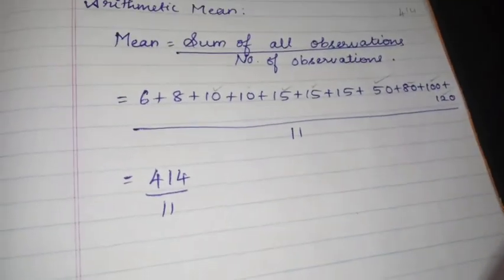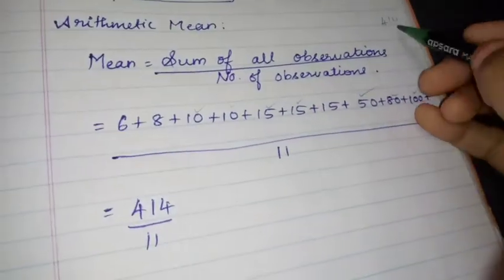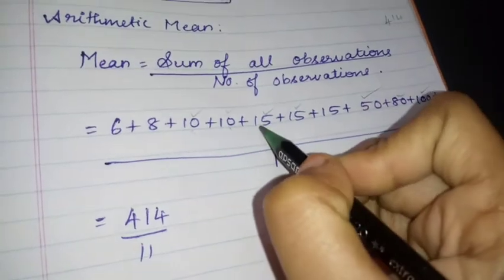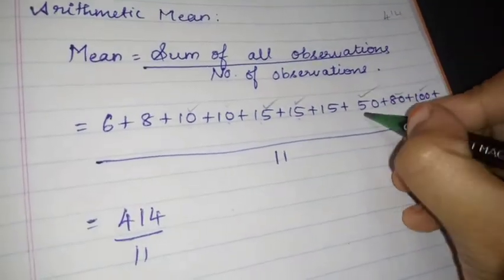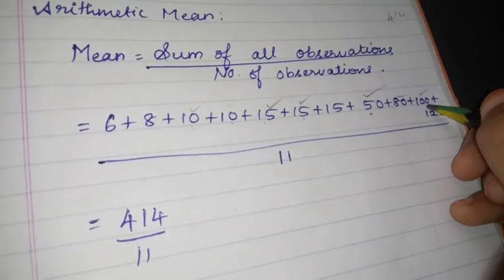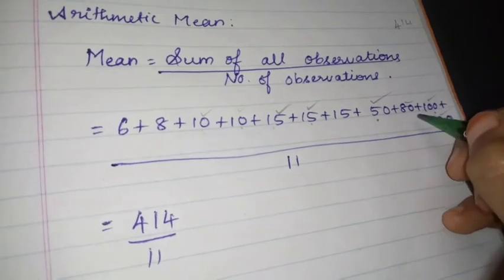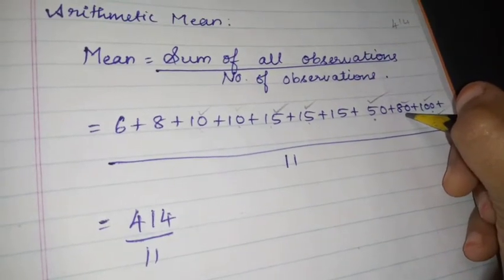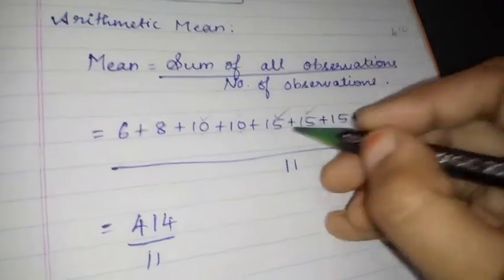See, once again you can add and see, children. 10 plus 10, 20. 20 plus 30, 50. 50 plus 50, 100. 100 plus 100, 200. 320. 320 plus 80, 400. 400 plus 14, 414.